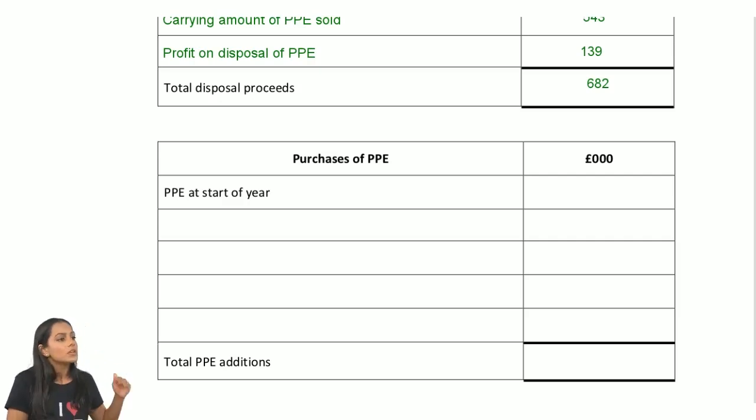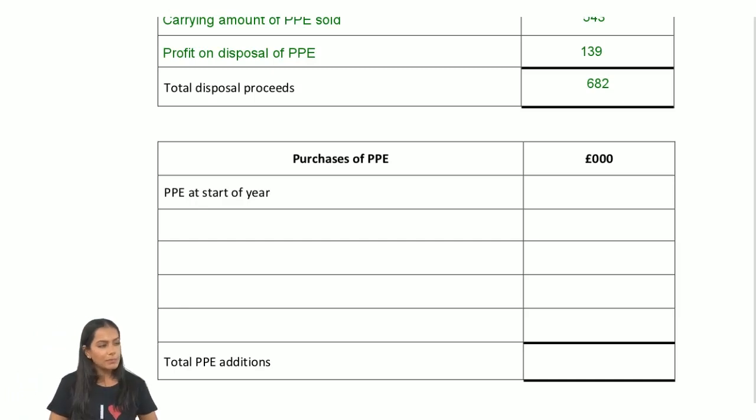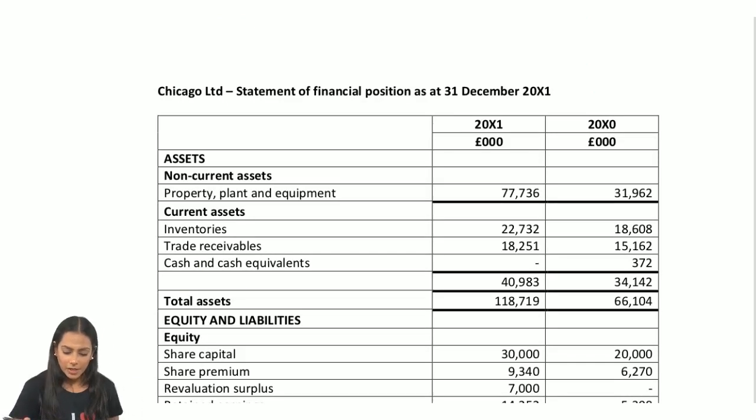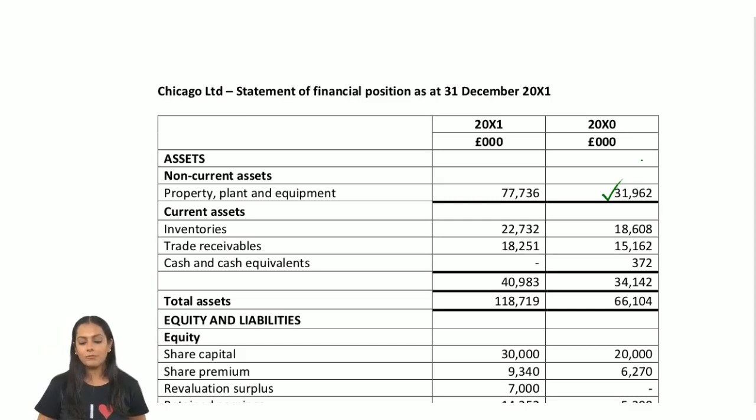Okay? So we start off with property, plant and equipment at the start of the year. And at the start of the year, we've been given the information from the statement of financial position. So if I go to the SFP, here we go. We have PPE at the start of the year of 31962.